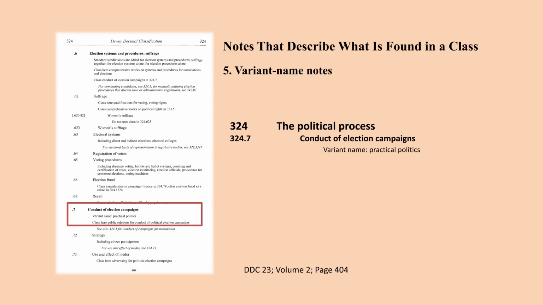Under election campaigns, the variant name is practical politics. Means the election campaigns and practical politics are synonymous or near synonymous terms that have been mentioned. So if you get a title under practical politics, the number will be same as the conduct of election campaign.